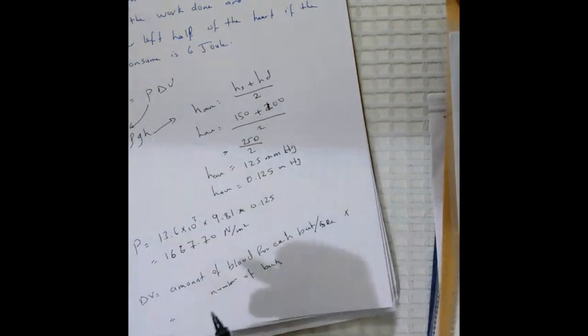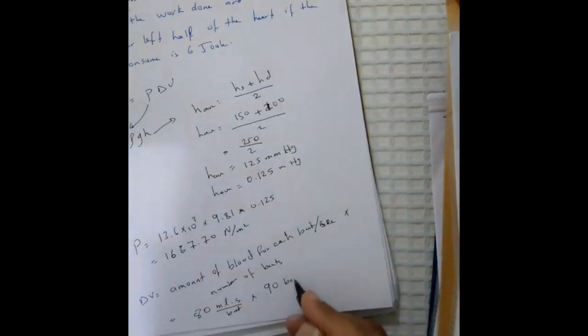If the question wants the amount of blood and doesn't give it to you, it is constant, equal to 80 milliliters per beat, multiplied by how many beats we have, 90 beats per minute.